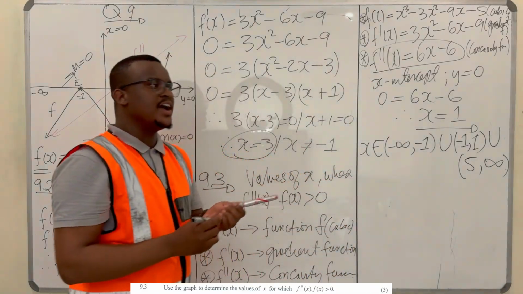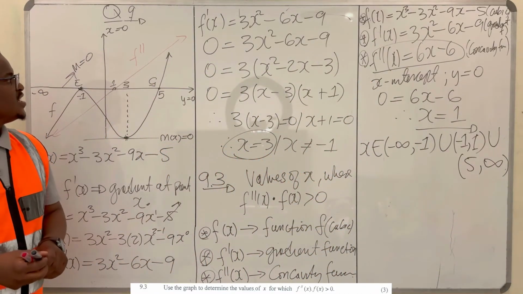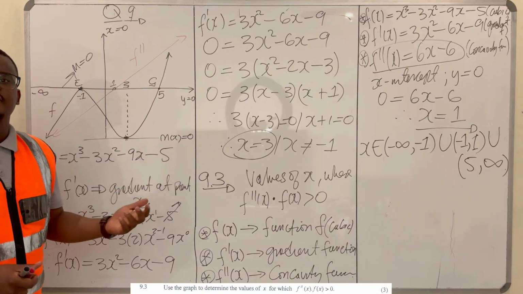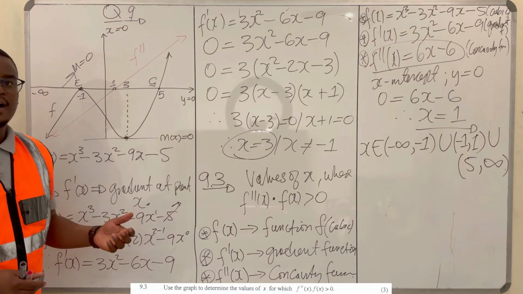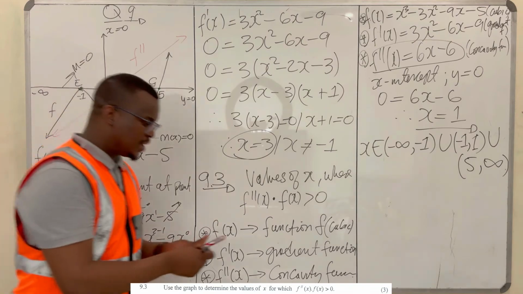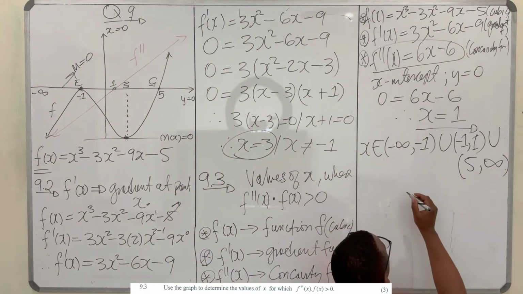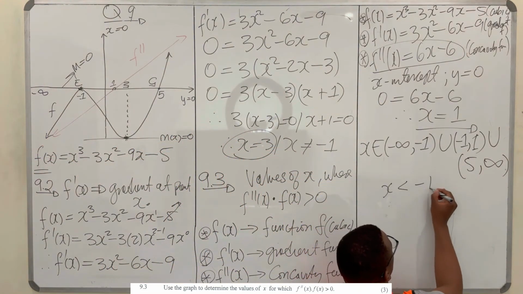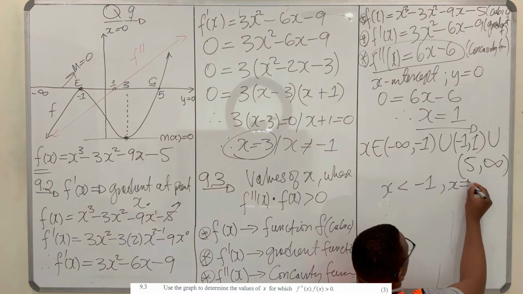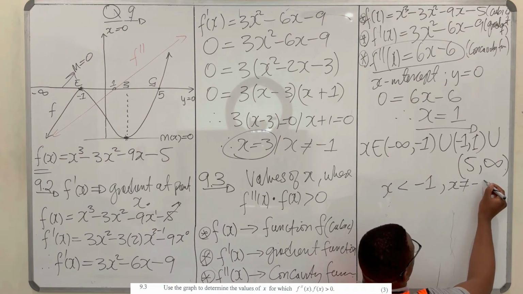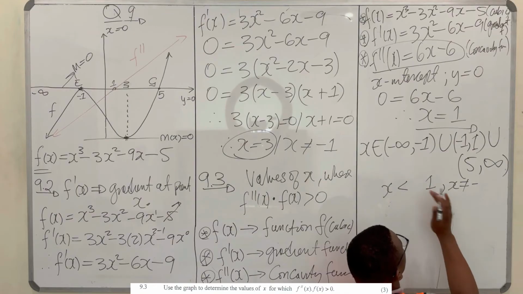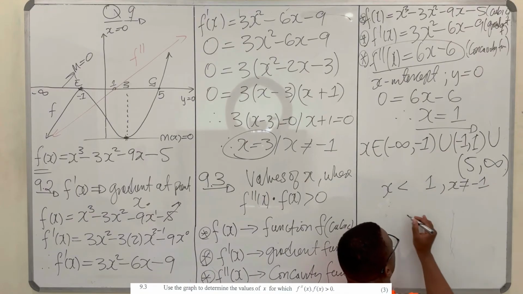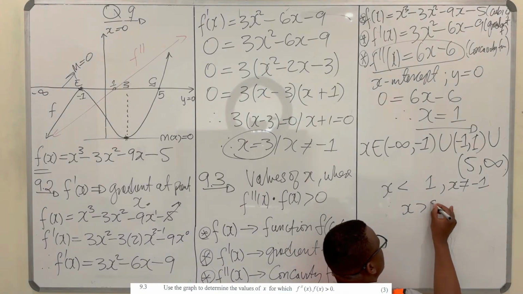So those are the values of x for which the product of the concavity function and the function will be greater than 0. Or you can write it in interval form and say x should be less than 1, but not equal to -1, or x should be greater than 5.